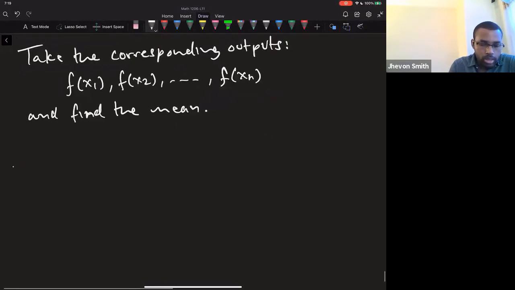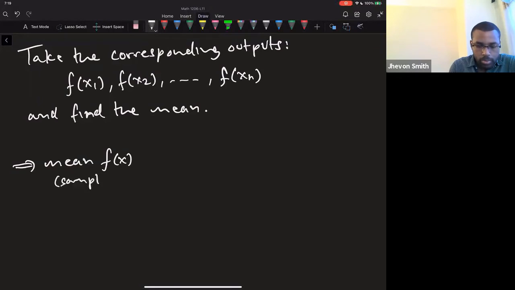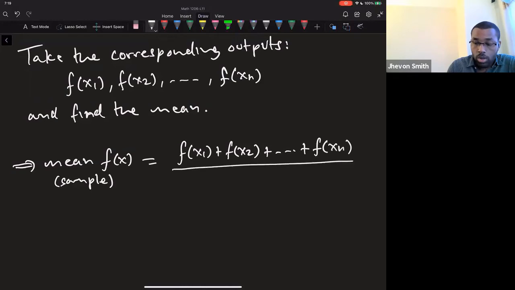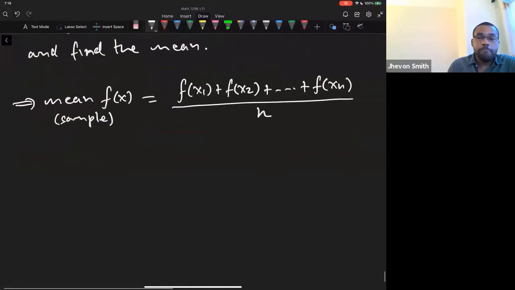Then the mean f of x of this sample is going to be f of x1 plus f of x2 plus dot dot dot f of xn, all over n, right?